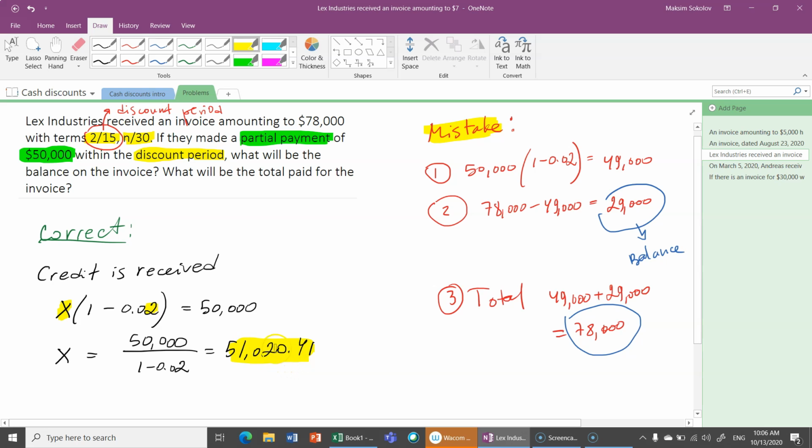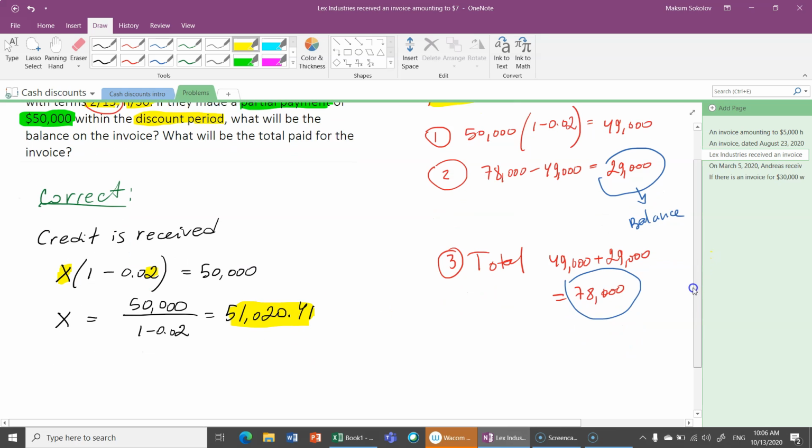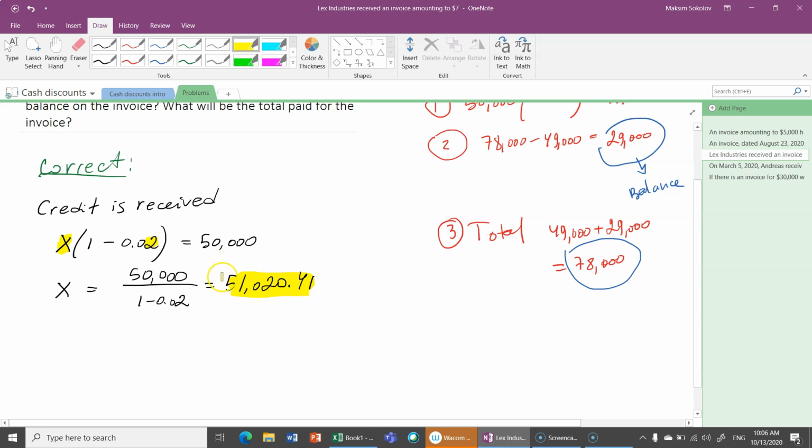So 51,020.41 has been paid out by $50,000 when this $50,000 was paid within that discount period. And therefore, because 51,020.41 has been paid out of the invoice, the balance is found this way.